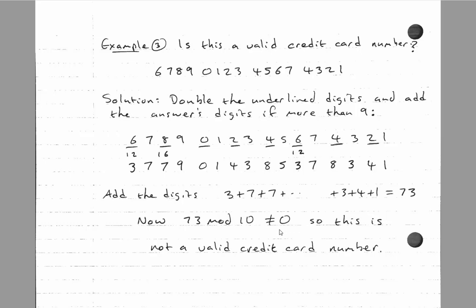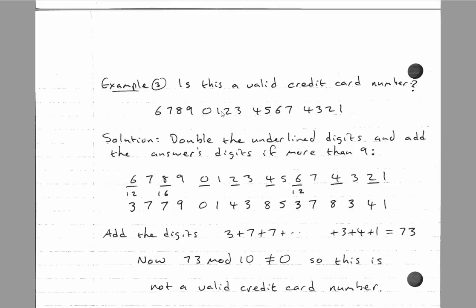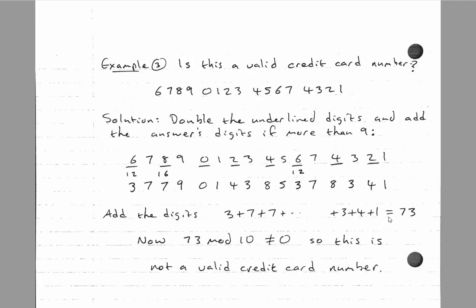That means this is not a valid credit card number. So if I type this in, then I definitely made a mistake. It's only valid if we get a sum such that the sum mod 10 is equal to 0.